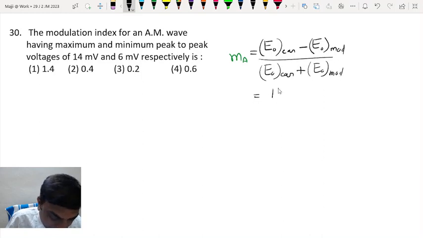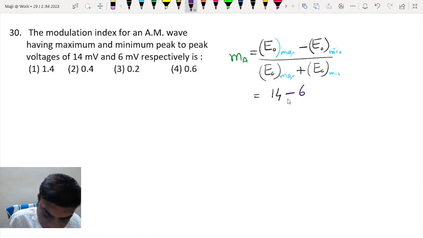So here we have 14. Sorry, these are the maximum and minimum values. Maximum value minus minimum value upon maximum value plus minimum value. This is the formula, you can check the formula in any of the books.